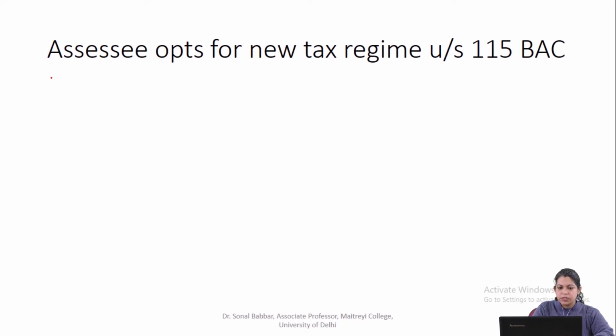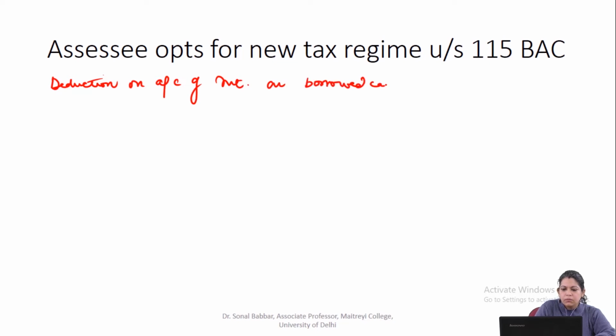One of the incentives which is withdrawn is the deduction on account of interest on borrowed capital for 1 or 2 self-occupied properties.